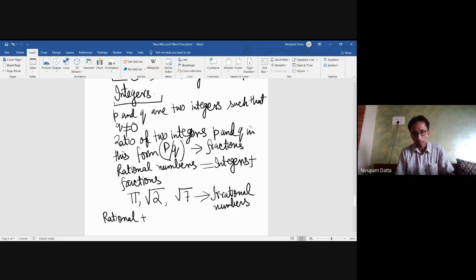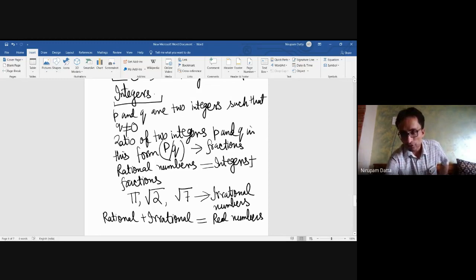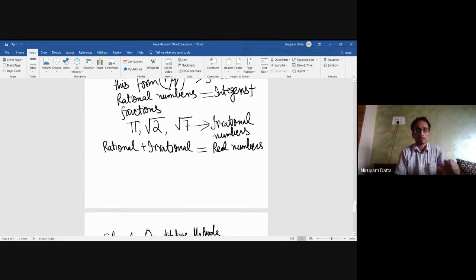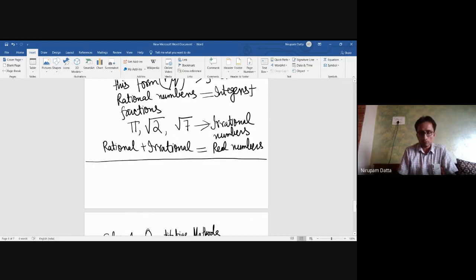When you consider both rational plus irrational numbers, you get something which is known as real numbers. Fractions are not whole numbers like 0, 1, 2, 3 and such, so they lie between two integers. An integer is also a special case of a fraction.